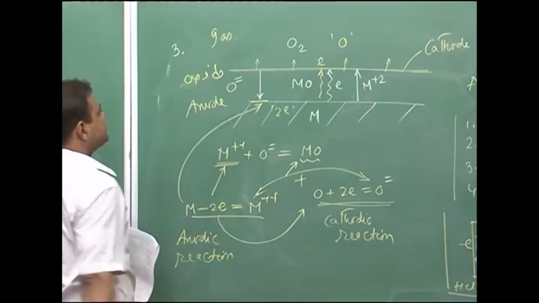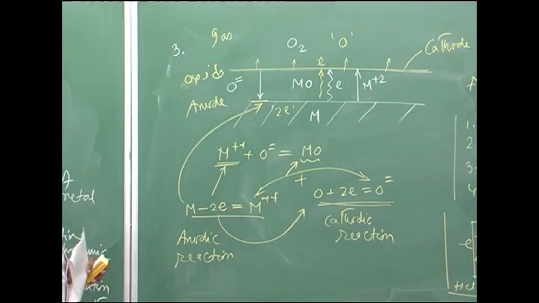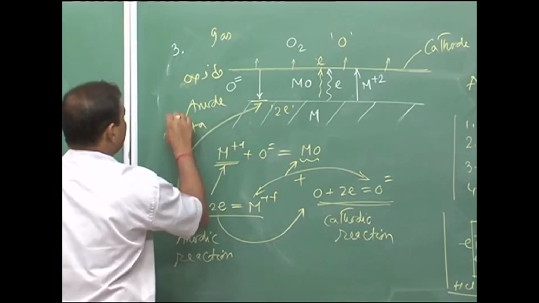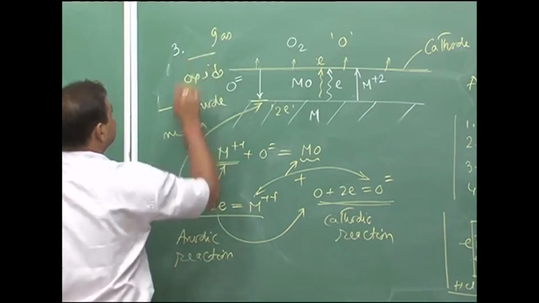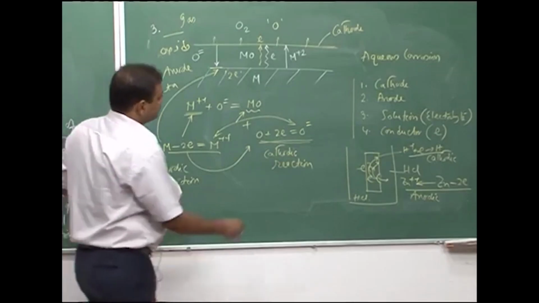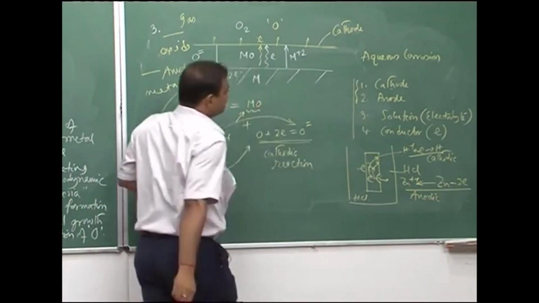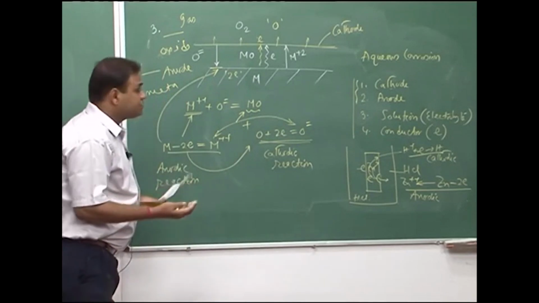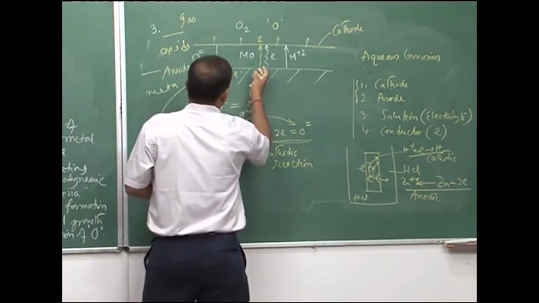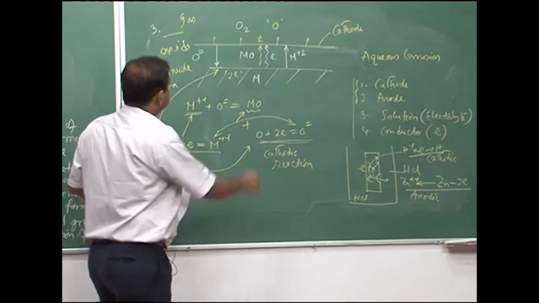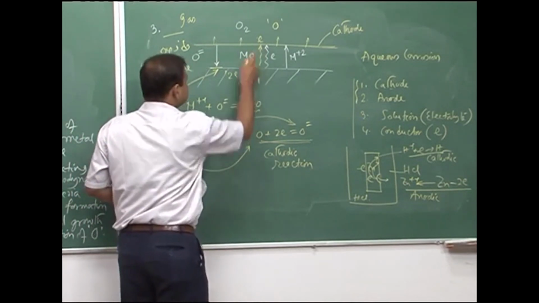So, the gas-oxide interface is acting as the cathode, and the oxide-metal interface is acting as the anode. So, these two electrodes are done. The conductor: this oxide itself is acting as the conductor of electrons, taking the electrons from this surface to this surface.